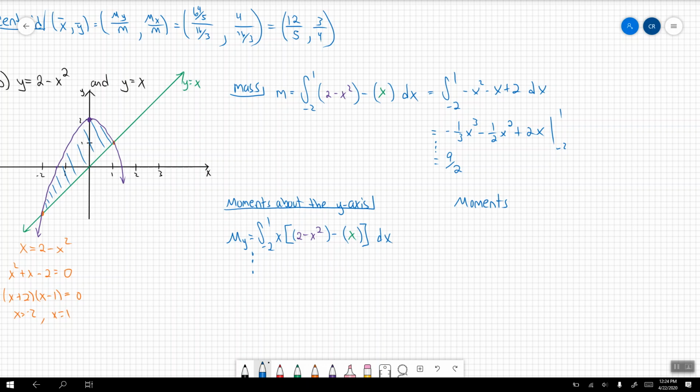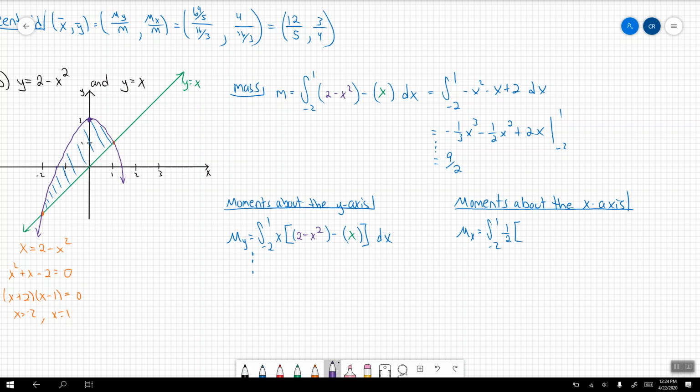The moments about the x-axis. The moments about the x-axis, so this is going to be m sub x. This is once again the integral from -2 to 1. And in this particular case, this is going to be 1/2 multiplied by the function that's bounding the area.